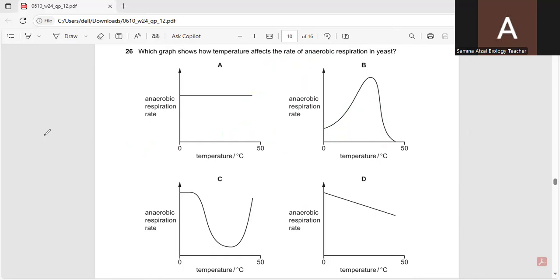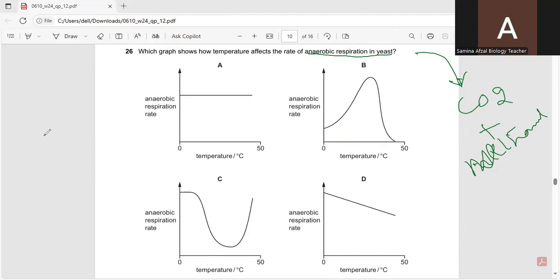Oxygen is not required. So anaerobic respiration in yeast takes place, and as a result there is formation of carbon dioxide and alcohol. These two are the products of anaerobic respiration in yeast.